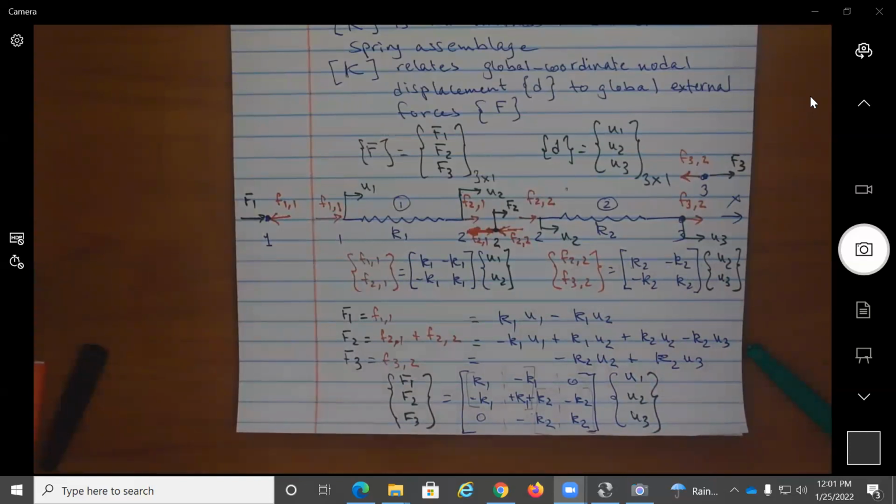Now, of course, this was nice and easy because I'm only looking at 2 elements. So this is a simple process. But we want to expand that so that it's easy to apply for more complex structures. And this is what I want to illustrate next, using the direct stiffness method to assemble a global stiffness equation.